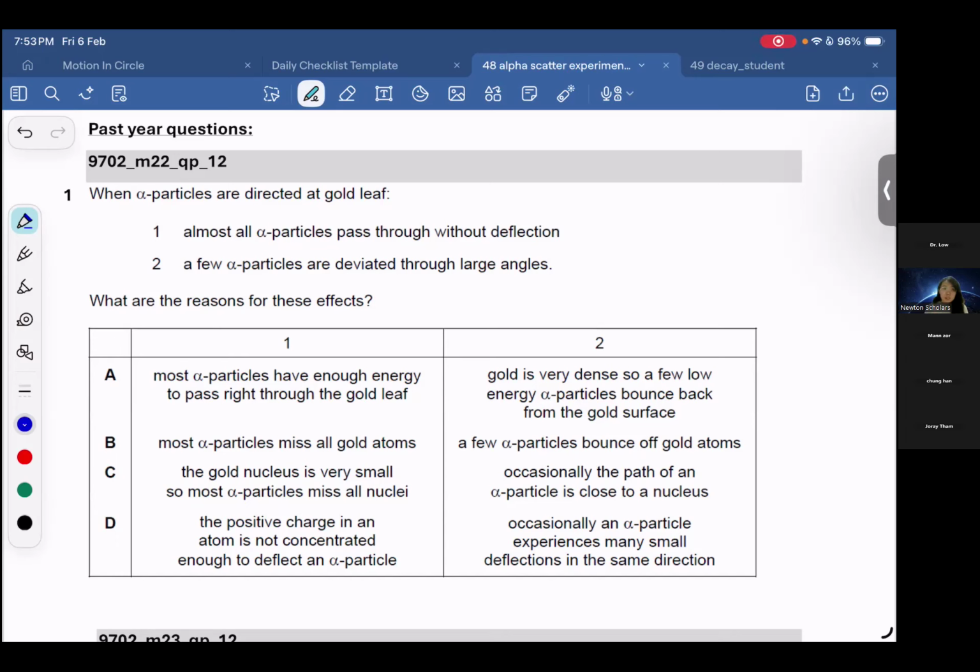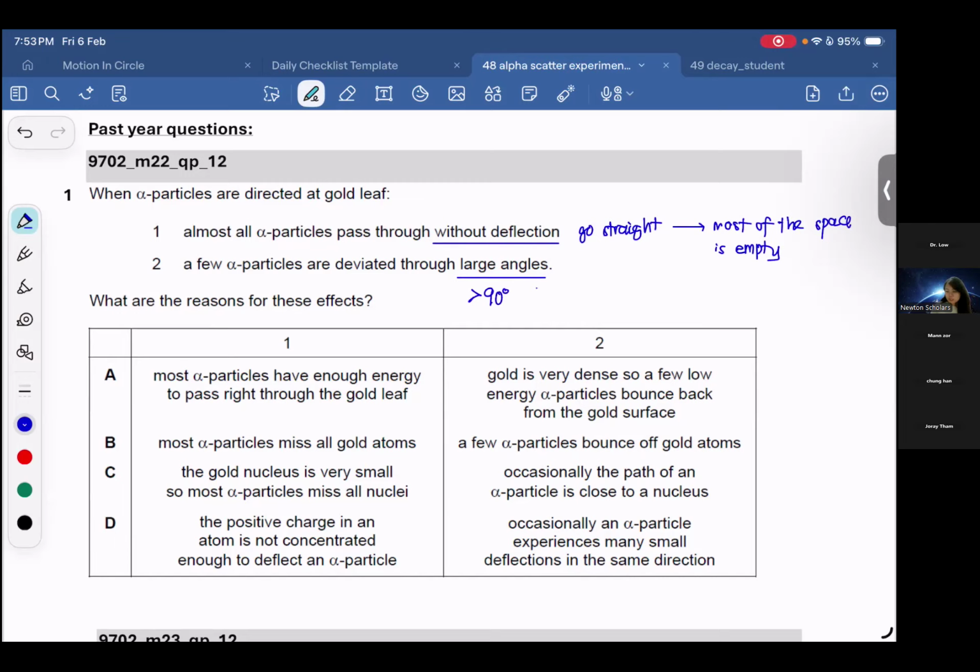Okay. So boys and girls, for this, without deflection means go straight. If it goes straight, what is the conclusion? It means that most of the space is empty. Next, this one deflected through a large angle, meaning greater than 90 degrees.